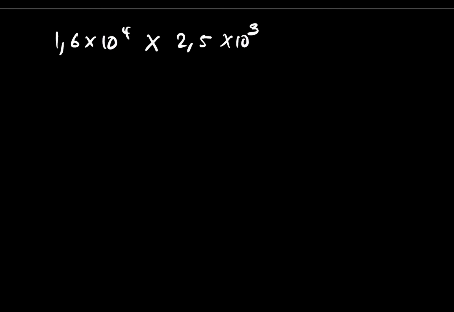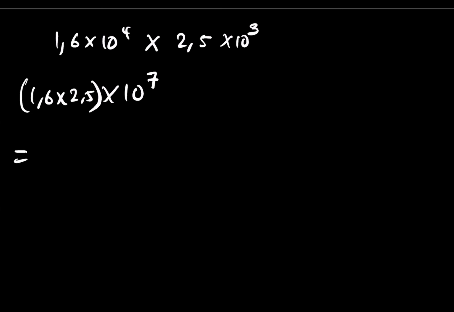So now, because I'm going to have 10 to the power 4 and 10 to the power 3, I'm going to multiply the base and add the exponents using the laws of exponents, hey? So if I add 4 and 3, that is going to give me 7, and then I need to multiply 1,6 with 2,5.